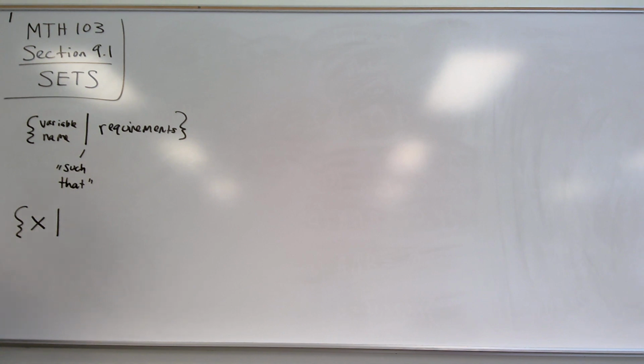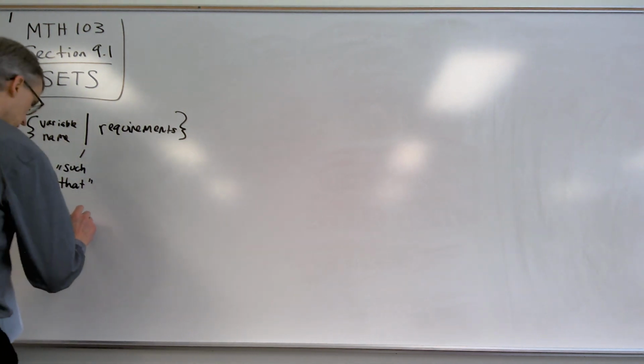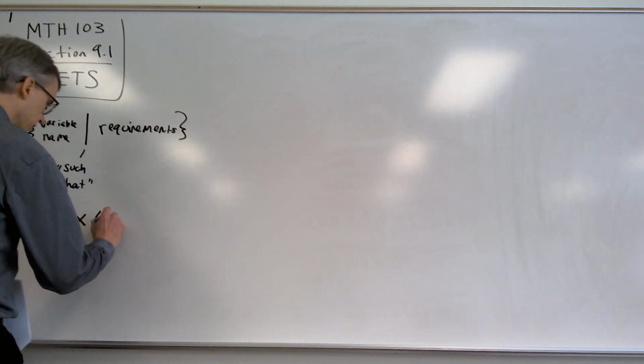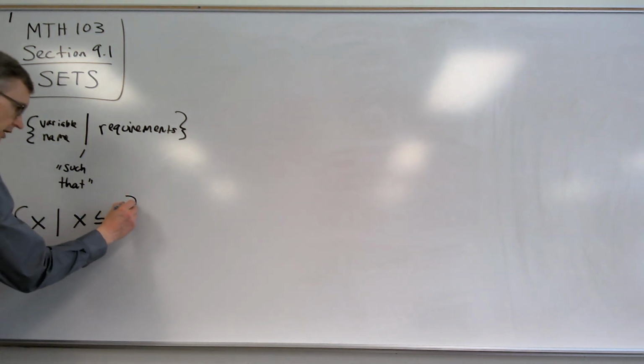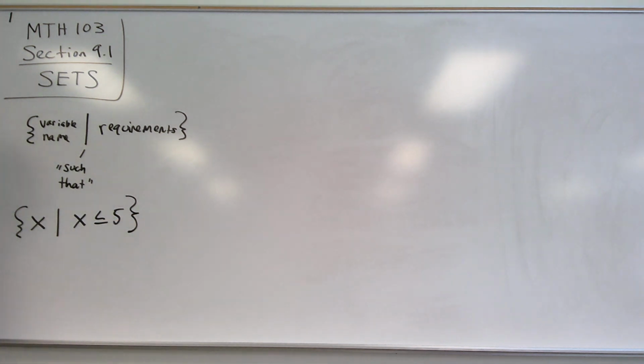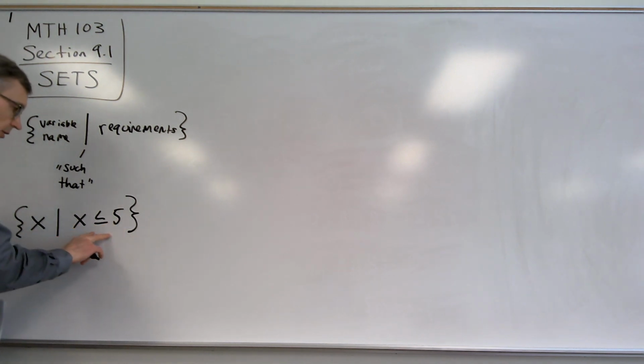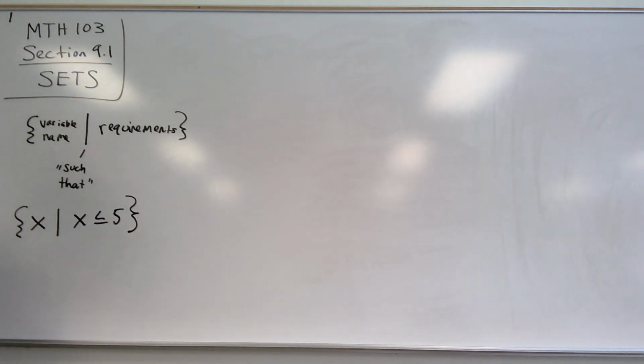So x has to be less than or equal to 5. All right, so there's our restrictions. We don't want all the numbers greater than 5. We just want the ones less than or equal to 5. And then close it off with some curly braces, and there's set builder. So basically all you're doing is writing down the format for set builder and sticking an inequality in here. And that's all there is to it.